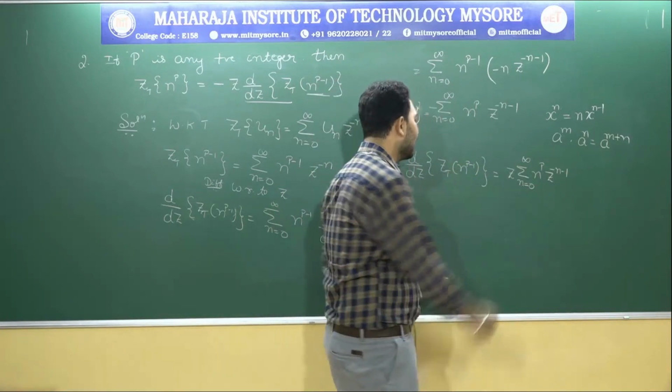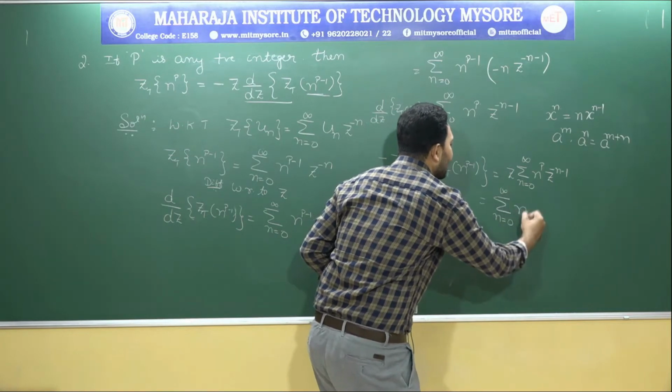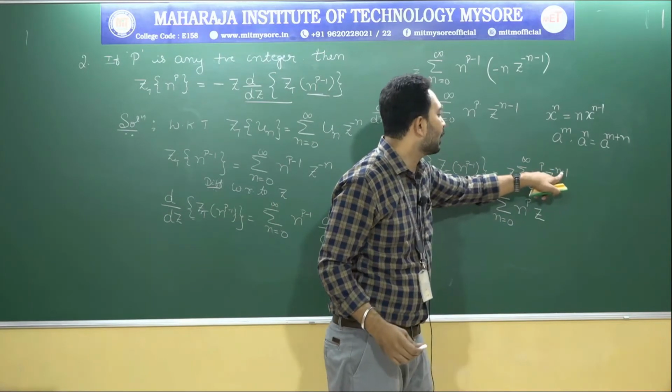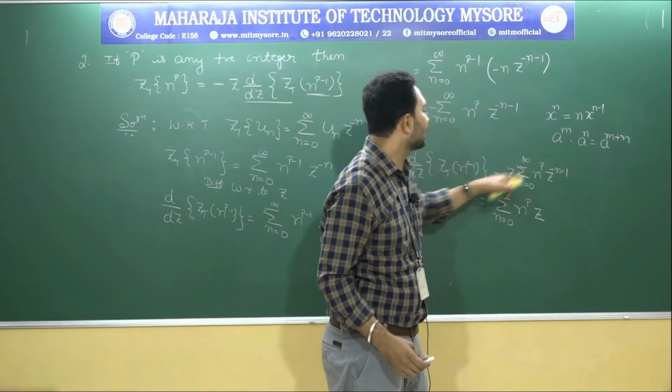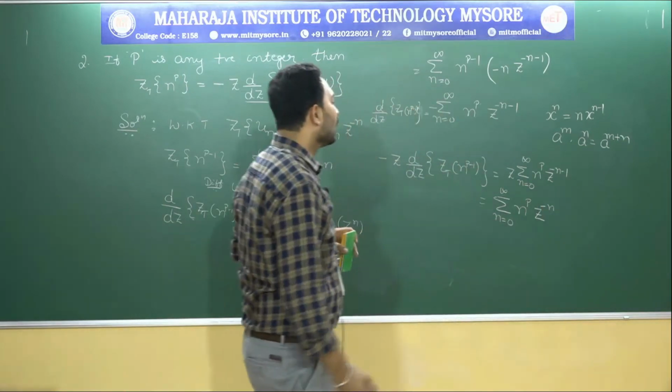Multiply this z inside, we'll get summation n equals 0 to infinity n power p into z power 1, z power minus n minus 1. The z power minus 1 and plus 1 will cancel with each other, so we'll get z power minus n.